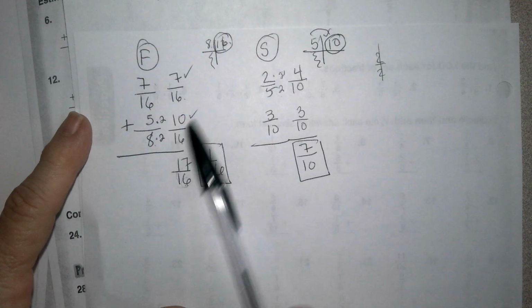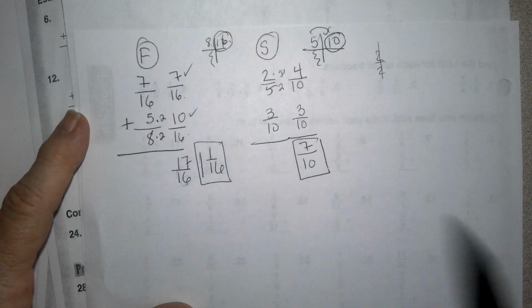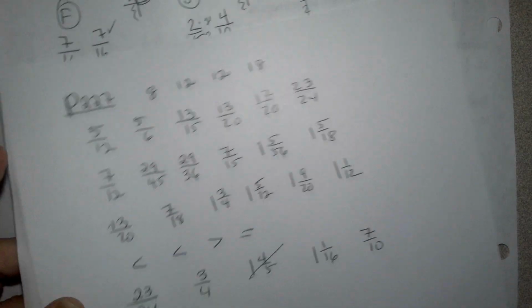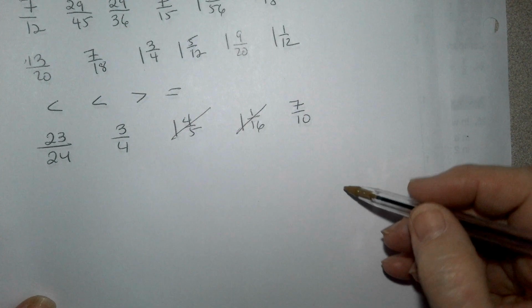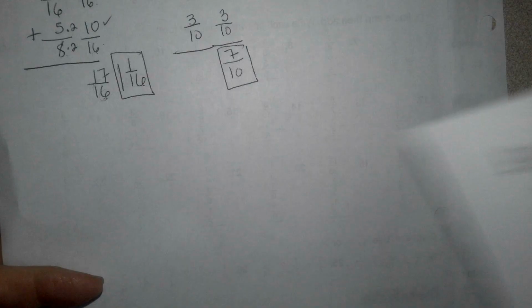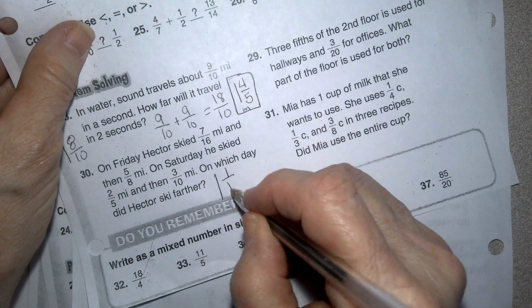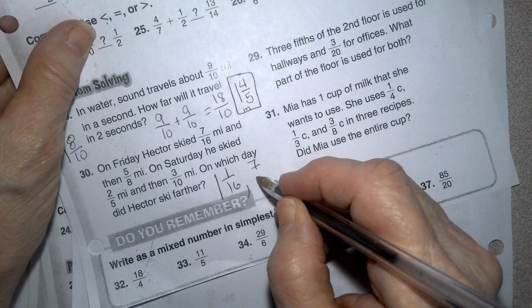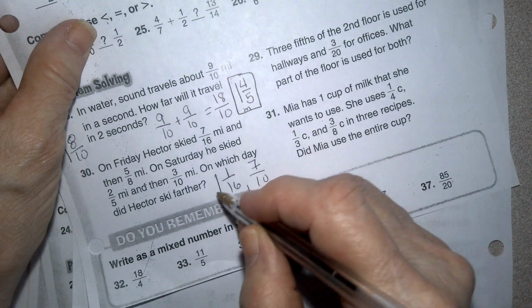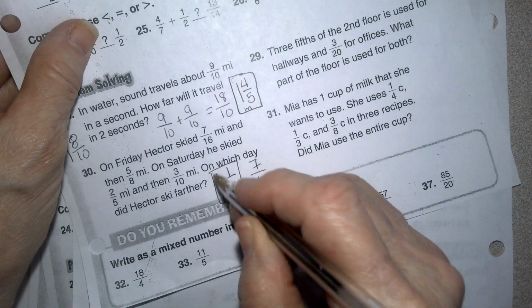The Friday. He went more miles this day than that day. So cross it off, 1 1/16, 7/10. And let's put those answers here. 1 1/16 and 7/10, and it was Friday.